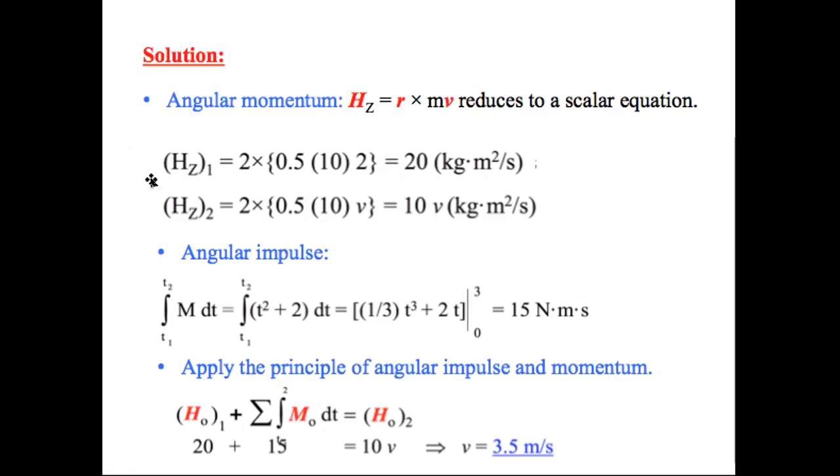We apply the angular momentum for both of the balls. For the angular impulse, we integrate M with respect to time over the range from 0 to 3 seconds. When we apply the principle of angular impulse and momentum, we can find the velocity of each ball after 3 seconds, and the velocity is 3.5 meters per second.